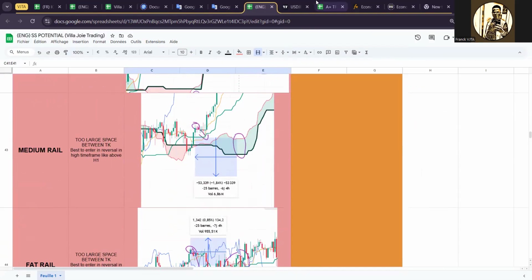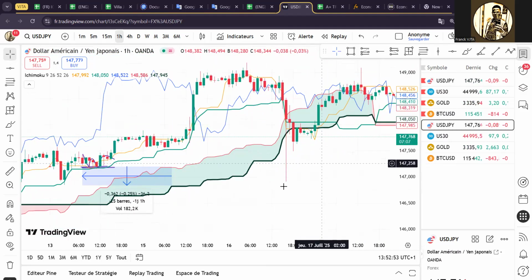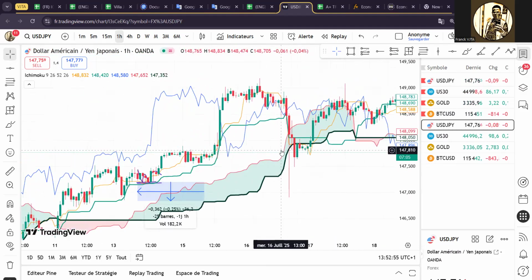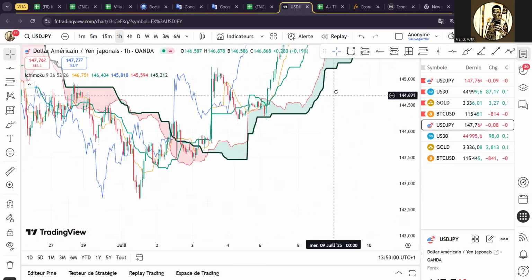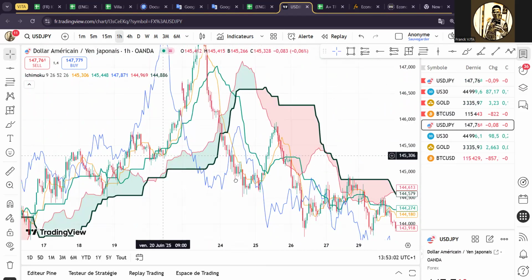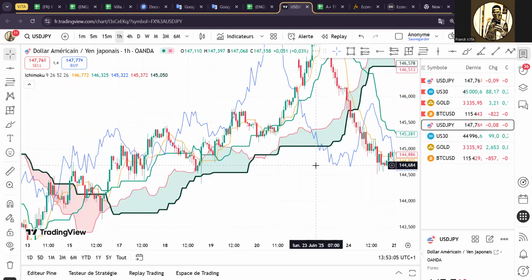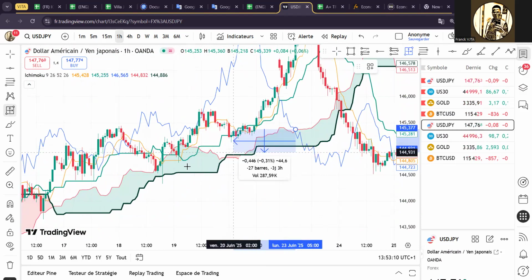Then you have some medium rail. That other one was too far. Medium rail can be like this one.